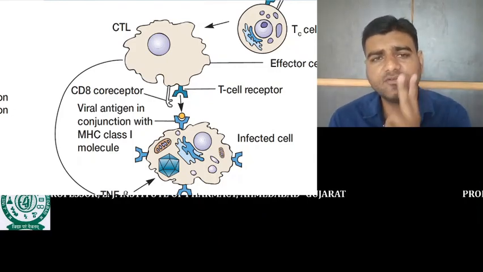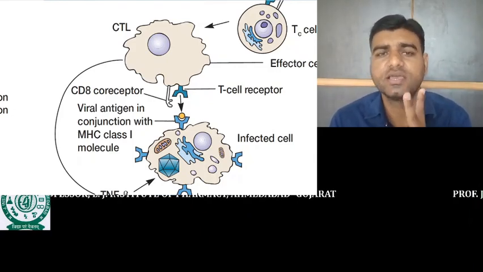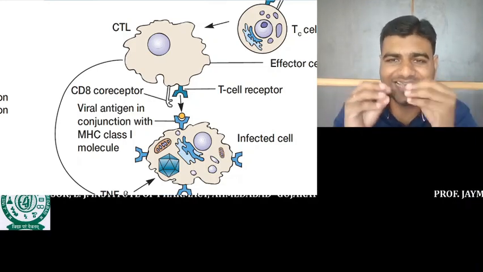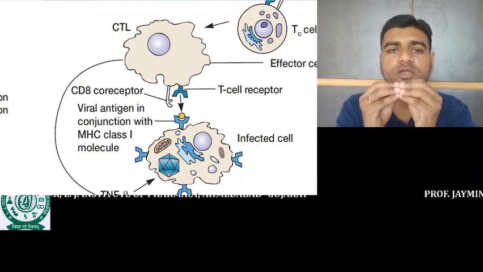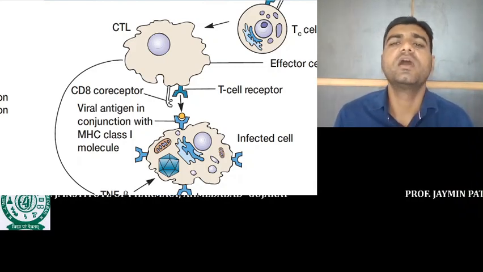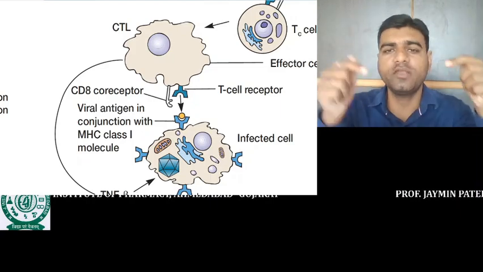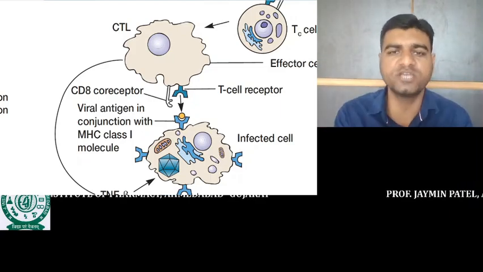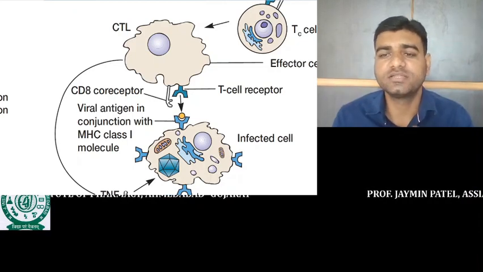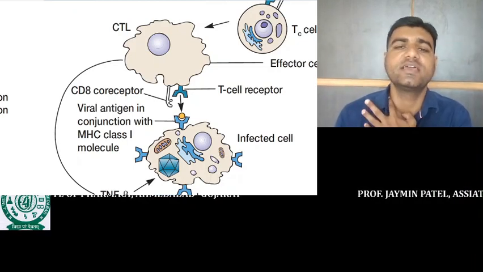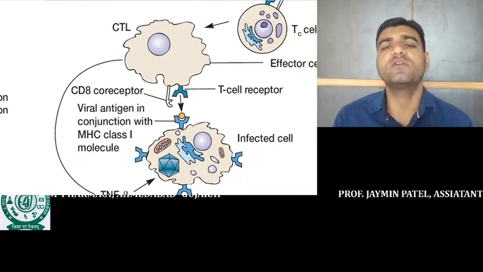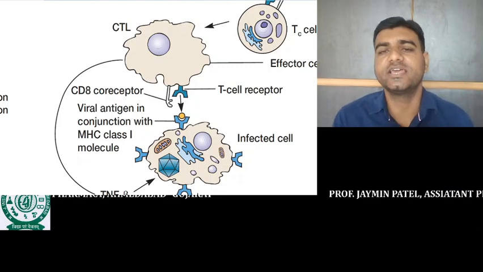The activated cytotoxic T lymphocyte will secrete special enzymes, the perforin. This perforin will create perforations on the infected cell, and due to these perforations the cell dies, and ultimately the cell is destroyed, along with all the virus inside it.